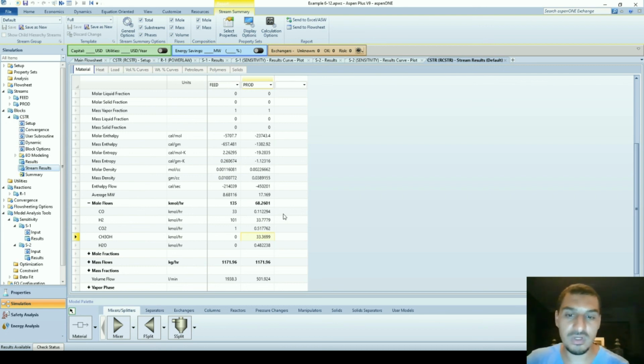You are gaining more money by selling the more methanol that you are producing, but at the same time, this money might not be enough to cover the expenses of increasing the pressure. So this is something that might affect the operating conditions.